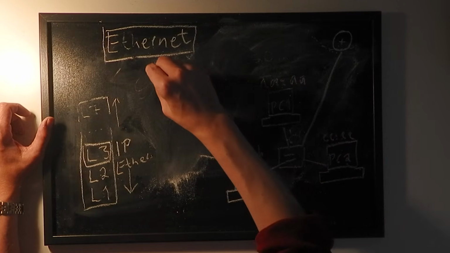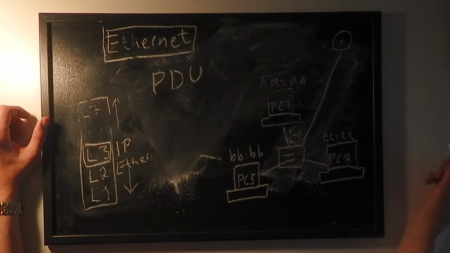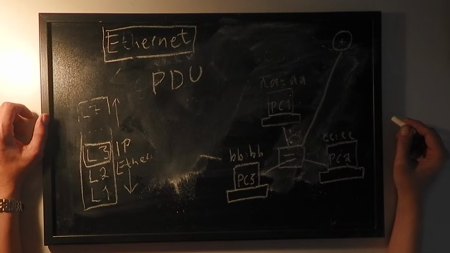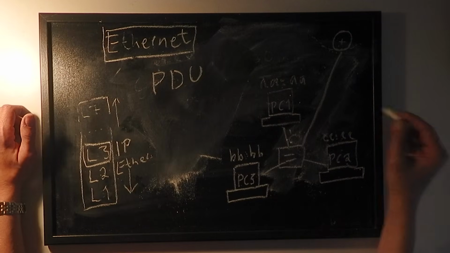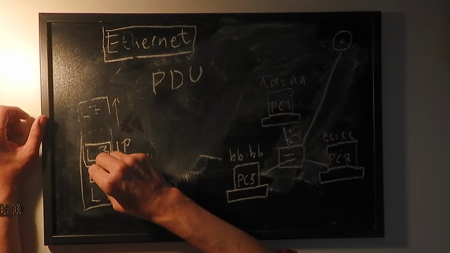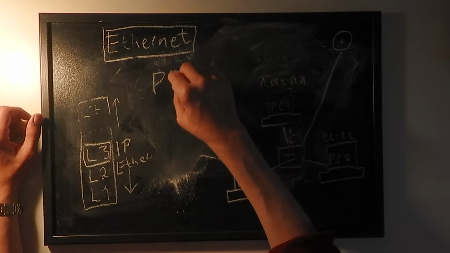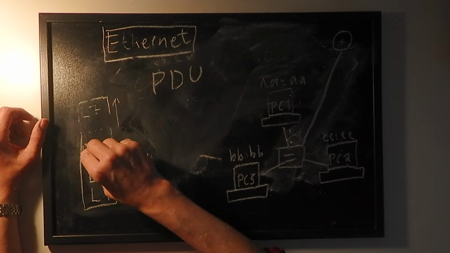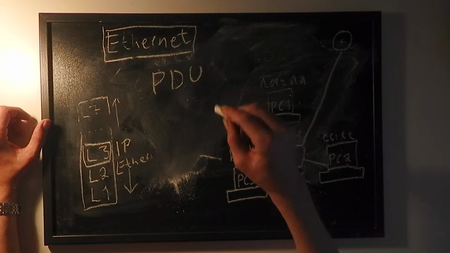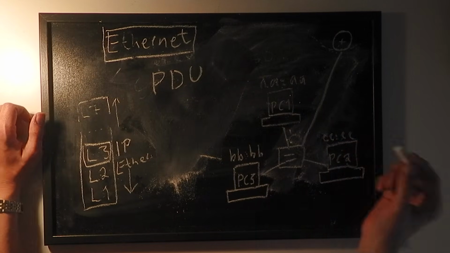So there is something called PDU, and it stands for Protocol Data Unit. And it's a way of packaging information which works on all of these different layers. So the exact PDU format will be different on layer 3 and layer 2, etc. But the general PDU format is still similar, so to speak.